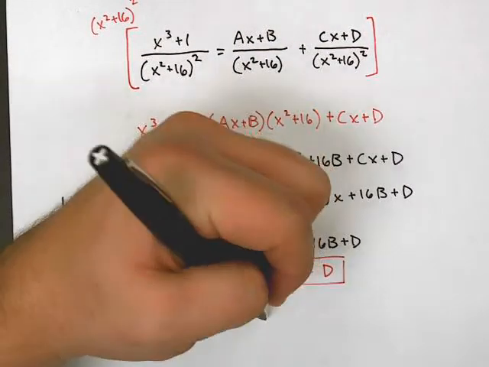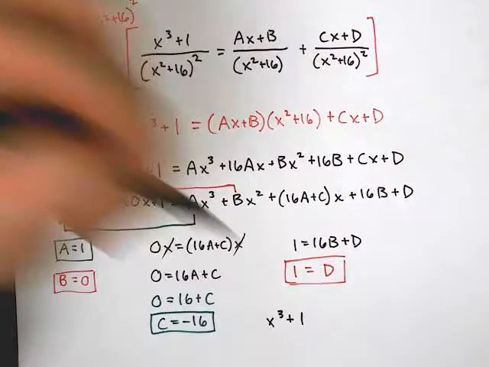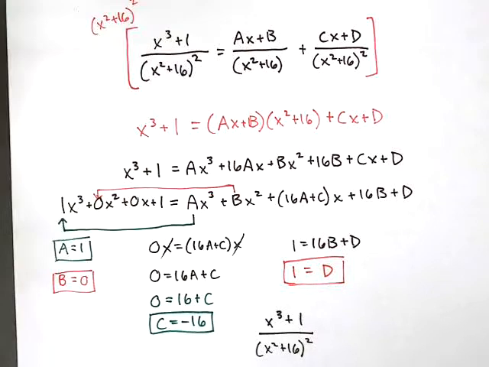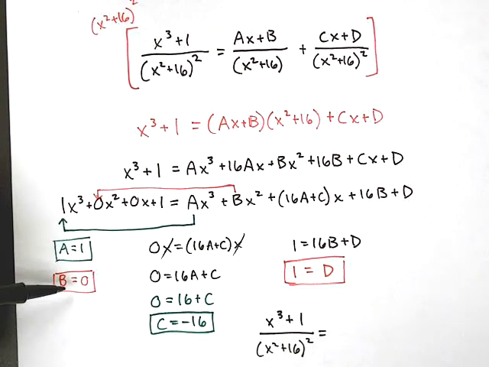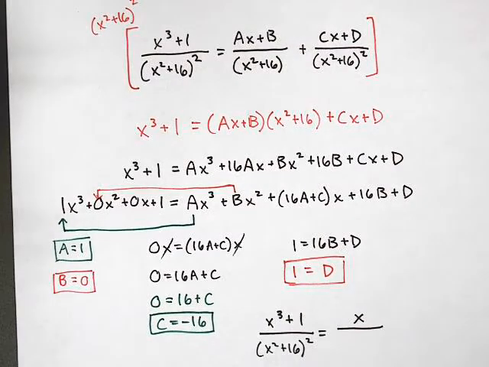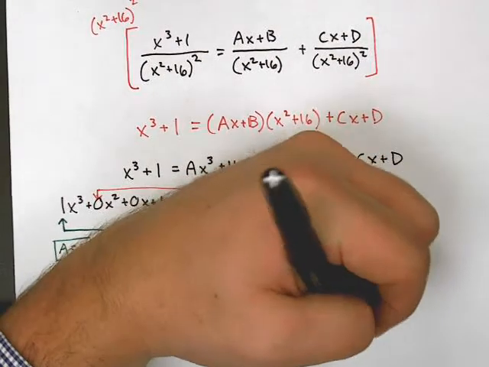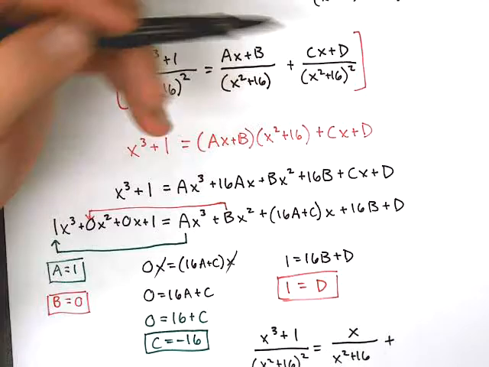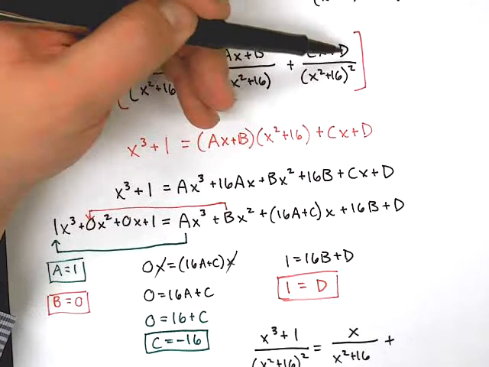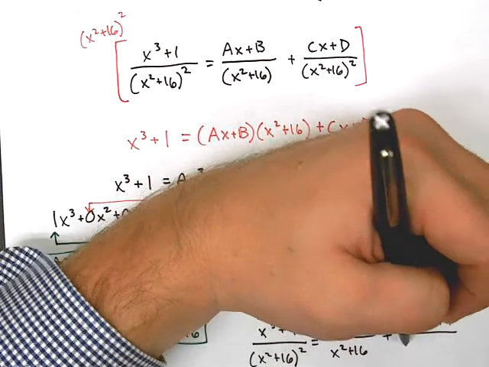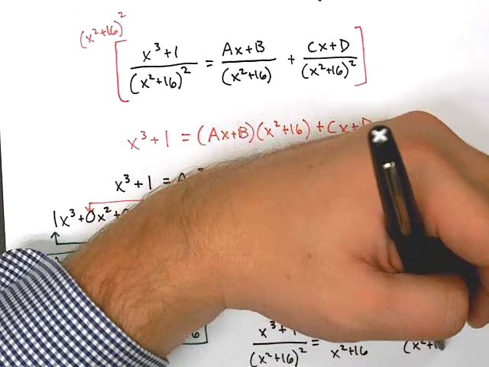So (x cubed plus 1) all over (x squared plus 16) squared must equal, well, my a value is 1, my b value is 0, so this is just going to be x, or 1x, over x squared plus 16, plus, again, cx plus d. C is negative 16, d is 1, so (negative 16x plus 1) all over (x squared plus 16) squared.